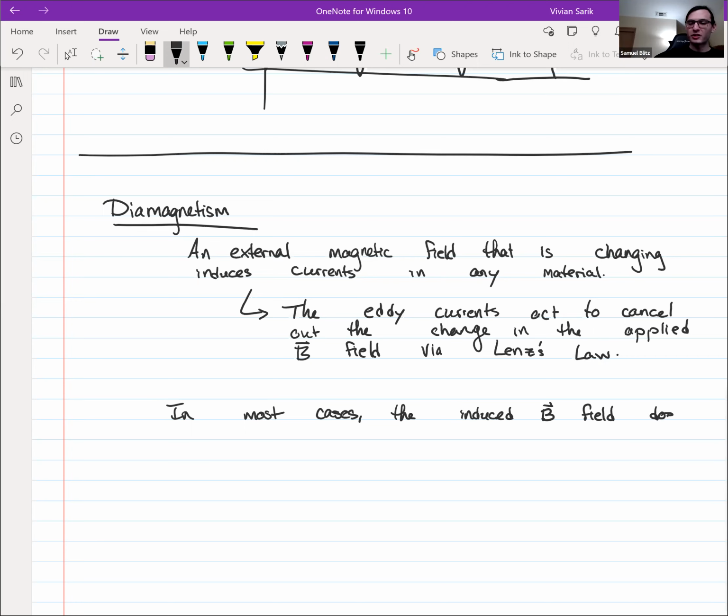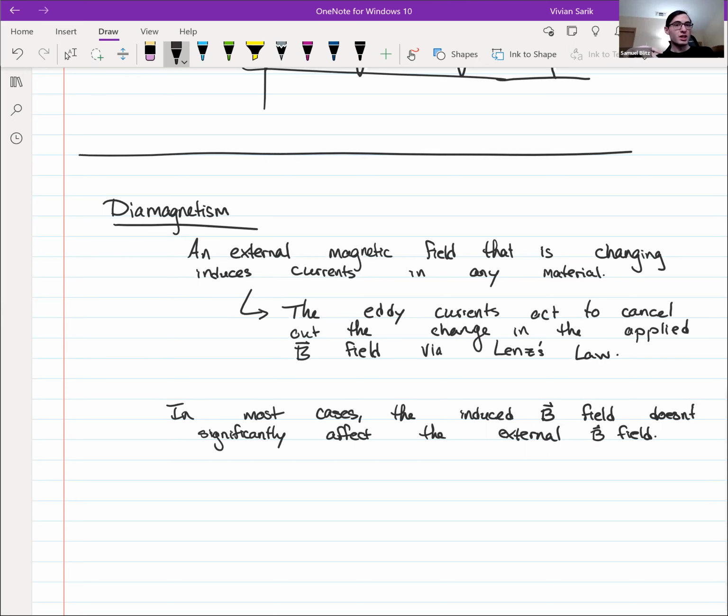It doesn't really affect the external magnetic field, i.e. it doesn't cancel it out or anything. It makes it just a teensy bit smaller. But in a lot of cases for normal size external magnetic fields, it's just not noticeable. But there are a few cases where it is.